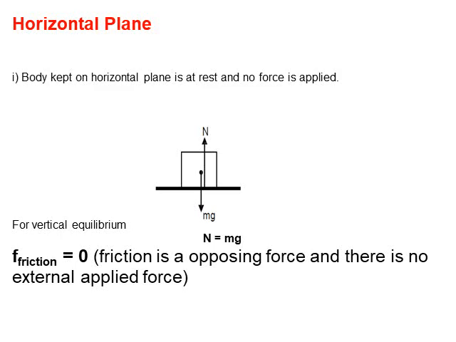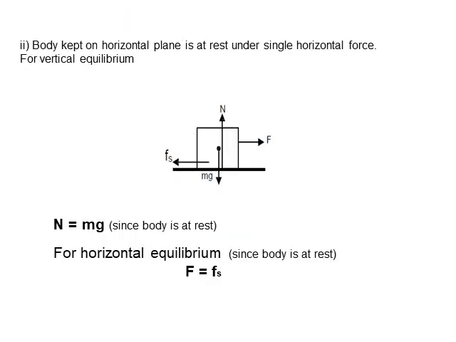And the normal reaction N will be equal to mg. Second case, when the body is kept on the horizontal plane and it is at rest under a single horizontal force. Again, for vertical equilibrium, N will be equal to mg, and for horizontal equilibrium, as the body is at rest, the applied force will be equal to Fs, the static frictional force.